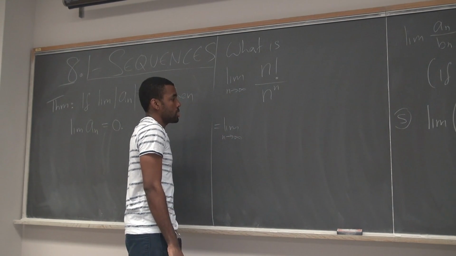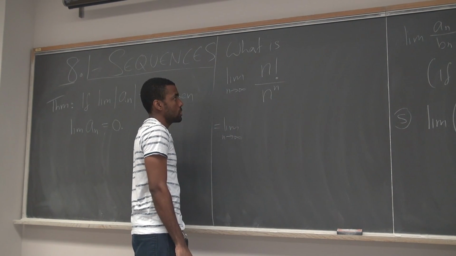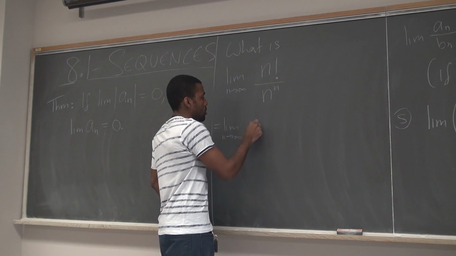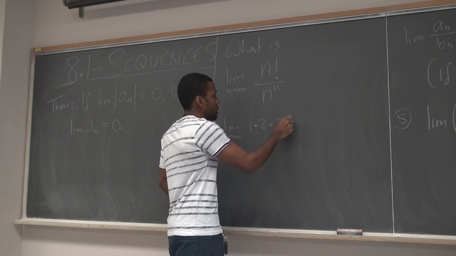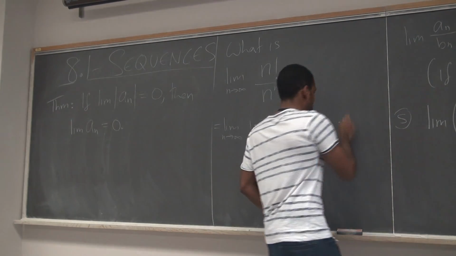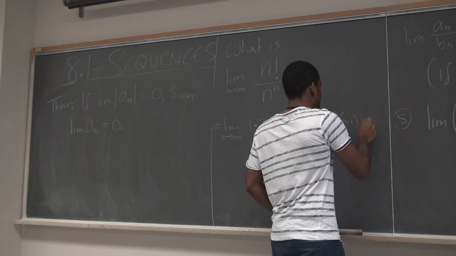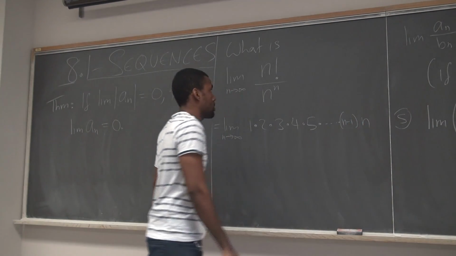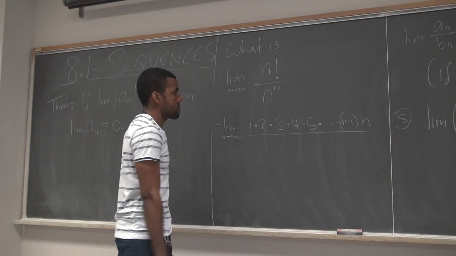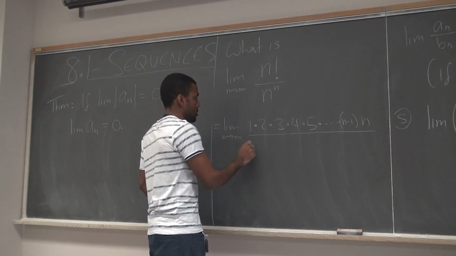What is n factorial? What does it look like? It's 1 times 2 times 3 times 4 times 5 times, and so on, over what?